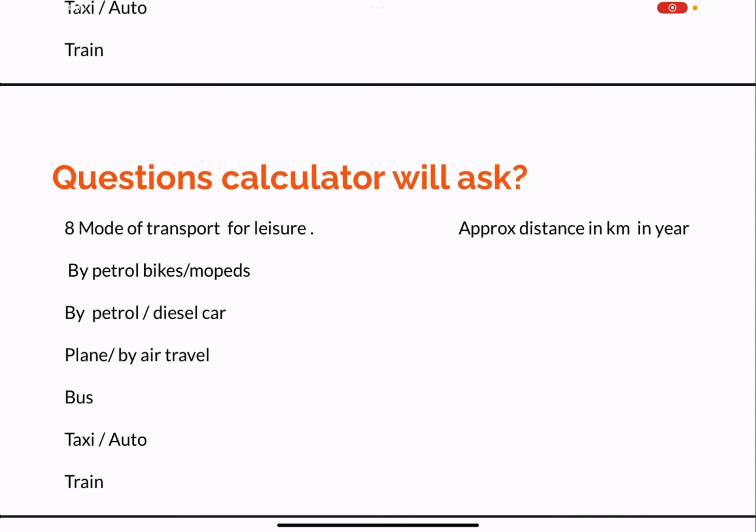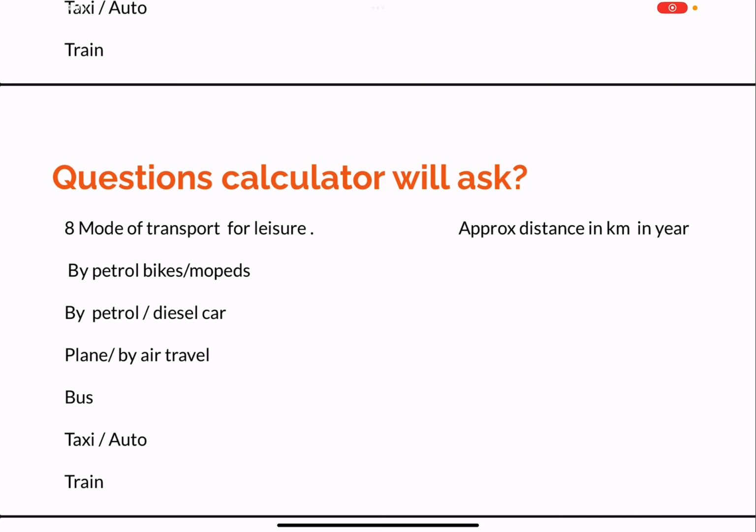So if you ask all these questions, similar questions could be on the cooking mode. What fuel is used for cooking? Whether it is piped gas, or whether cylinders are used, whether LPG is used, whether natural gas is used, or whether he or she is cooking with the help of wood, okay, or some oil.